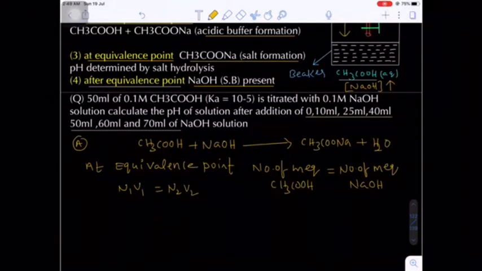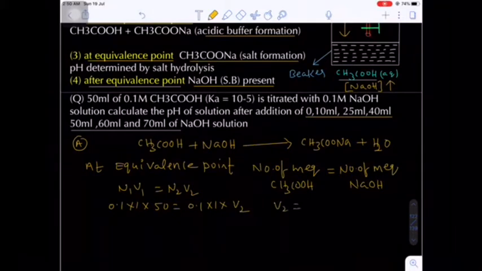Let's suppose normality N1, volume V1, normality N2, volume V2, corresponding to acid and base. Normality is molarity into N factor. Molarity of acetic acid 0.1, N factor 1, volume of the acetic acid 50 ml. For sodium hydroxide, molarity 1, N factor 1, and we have to find the volume of the NaOH exactly required for complete neutralization of the acetic acid.